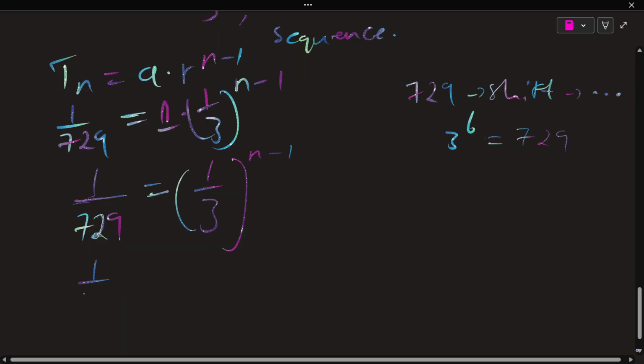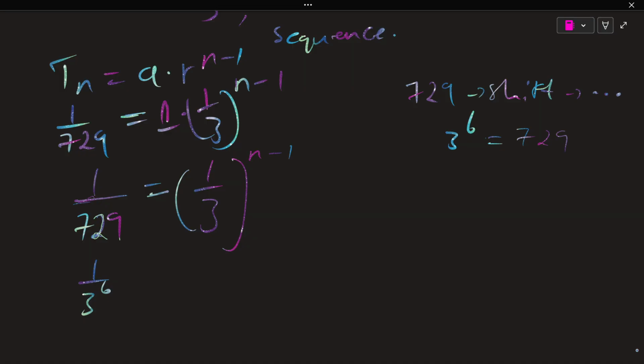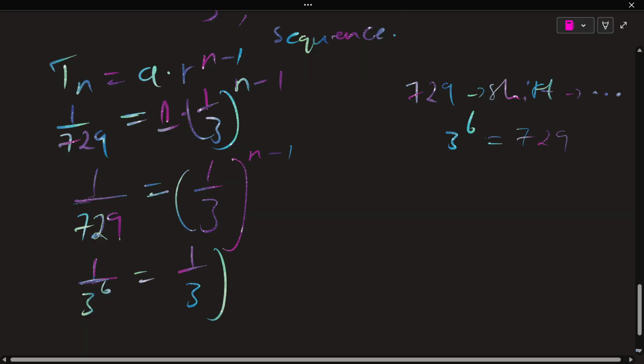So here we can say 1 whole over 3 to the exponent 6. Why are we doing that? It's because the base on the other side of the equation is 1 over 3. Now we also have to make this other part of the equation 1 over 3.